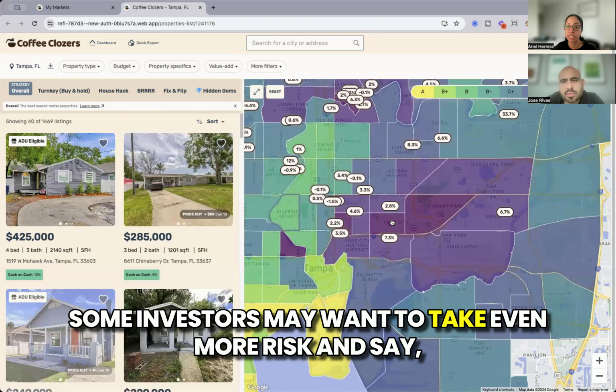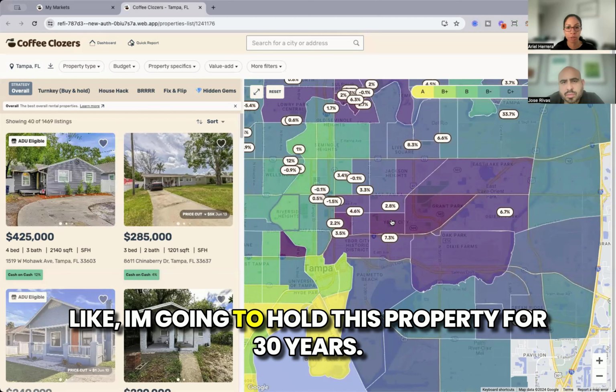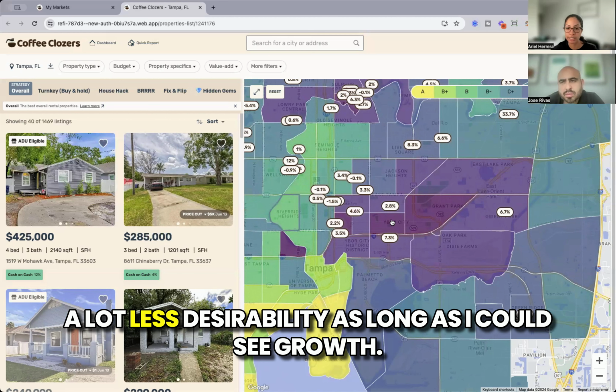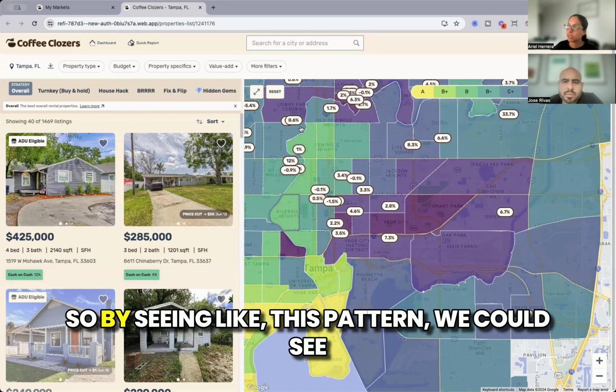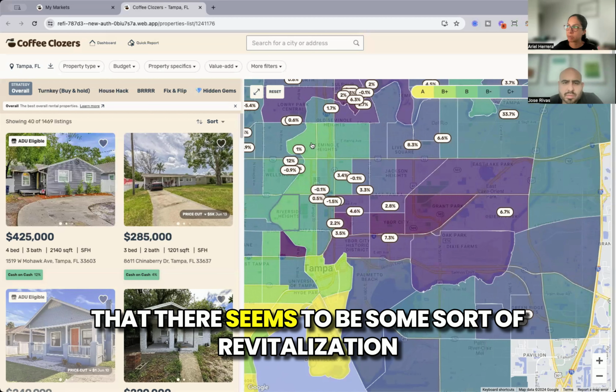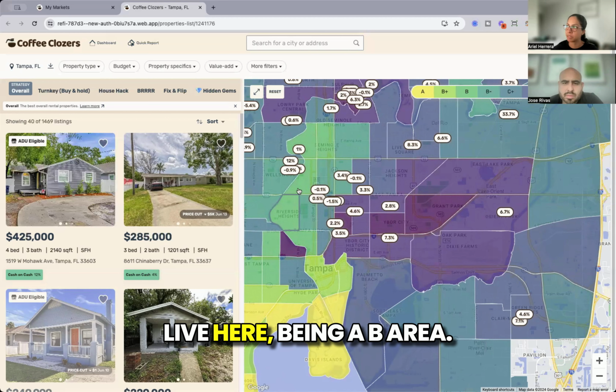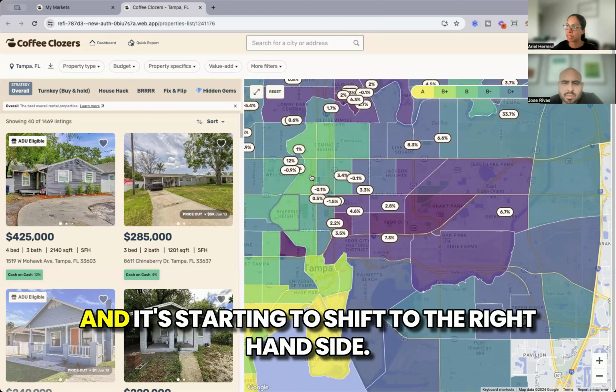Some investors may want to take even more risk and say, I'm going to hold this property for 30 years. I'm okay with buying it in an area that may have a lot less desirability, as long as I could see growth. So by seeing this pattern, we could see that there seems to be some sort of revitalization, or at least a strong sense of wanting to live here with being a B area. And it's starting to shift to the right hand side.